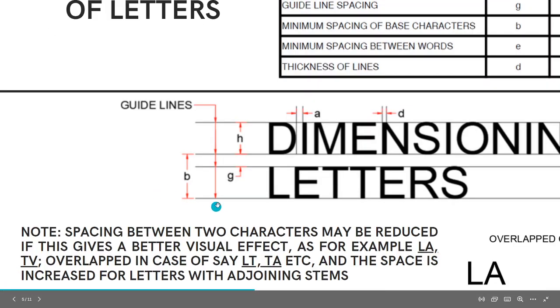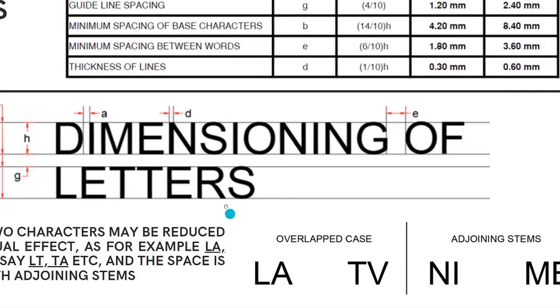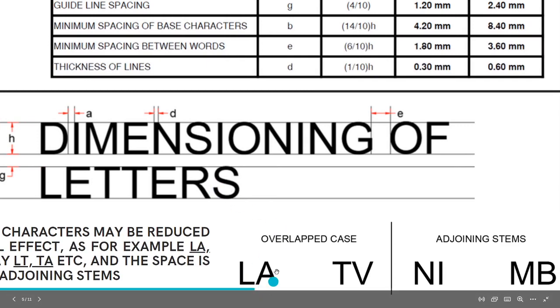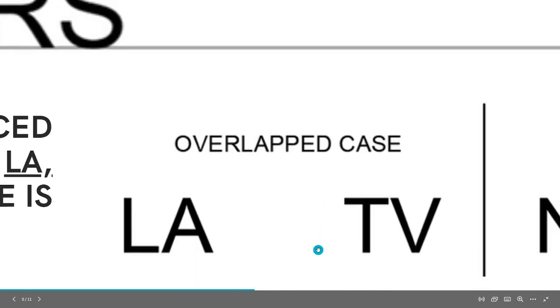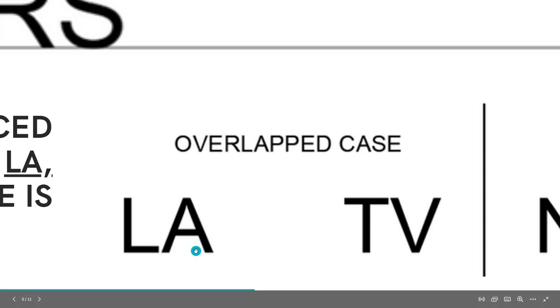Okay? So the spacing between two characters may be reduced if this gives a better visual effect. So kung gwapo tan-awon siya, pwede pagamyan imong spacing or padak-an nimo. For example, for an overlap case, example kining LA and TV, as you can see, there is a very big gap on the top ang nasa taas sa characters mo. So you could smaller the space between characters.